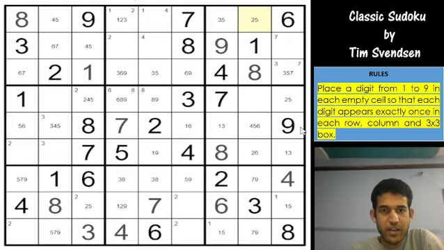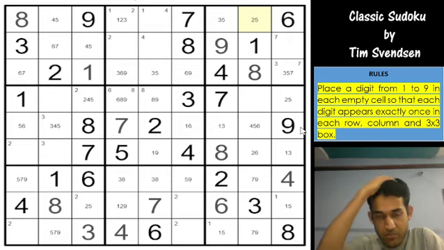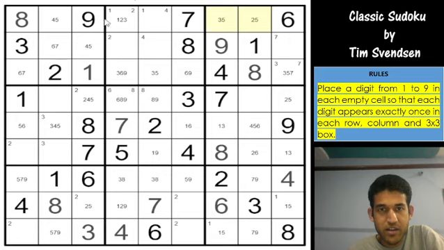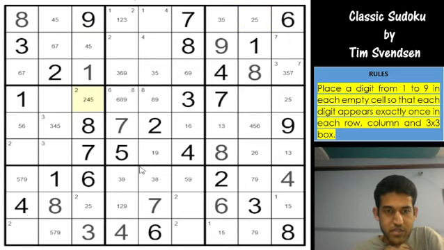There seems to be really something going on here, guys. I'm unable to explain what is the thing, but so many bi-value candidates are there. There is surely something in the grid. It's not easy to see.